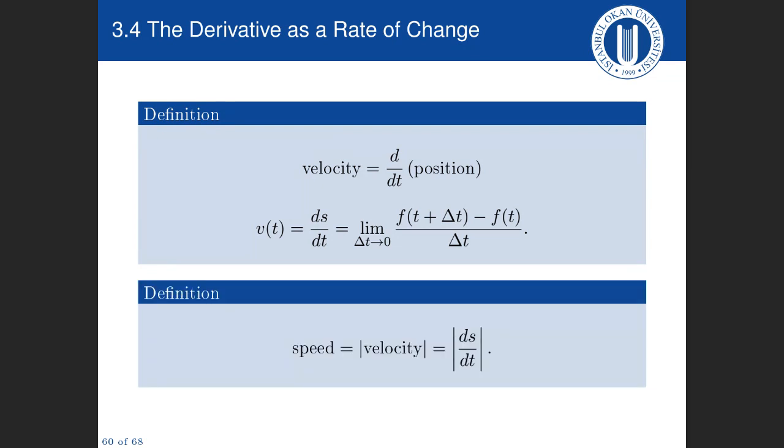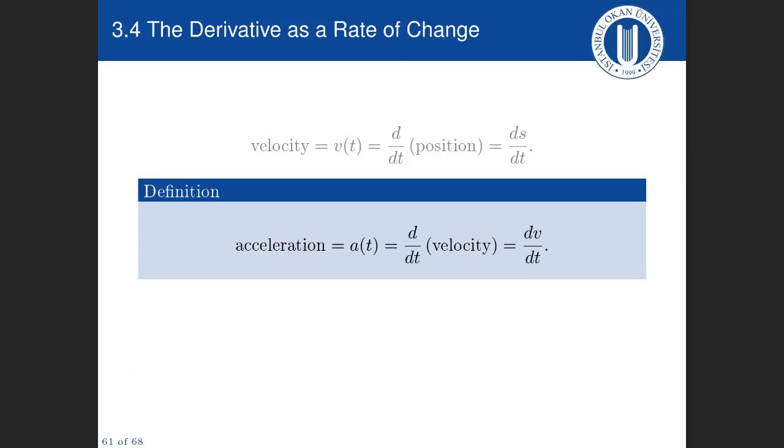Sometimes we don't want velocity, which has its direction, which has positive and negative. Sometimes we just want speed. Speed means the absolute value of velocity. Speed is the absolute value of ds/dt. And then we can go further. If velocity is the derivative of position, what is the derivative of velocity?